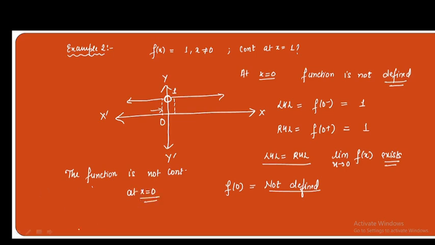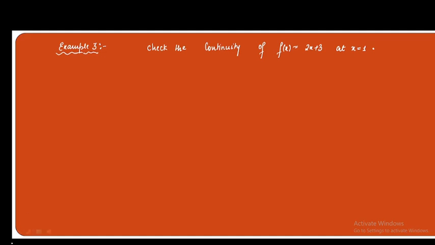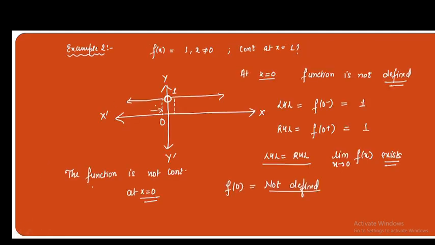Got it? And from the graph also you can observe that if you try to draw the graph, you have to lift the pencil and then you can draw the other side of the graph, right? Means there is a breaking point of the graph at x equal to 0. You cannot draw it in one stroke.